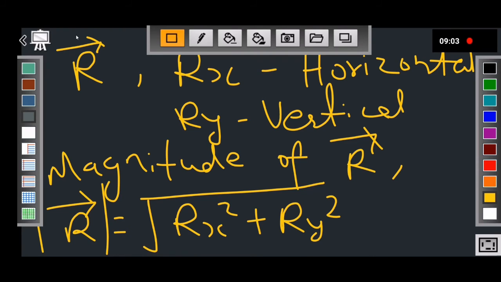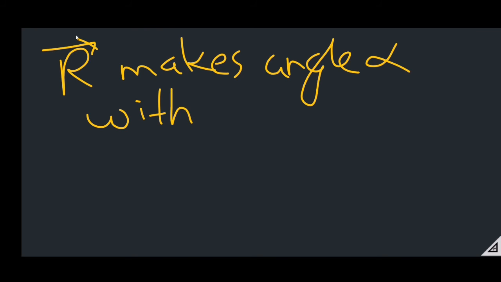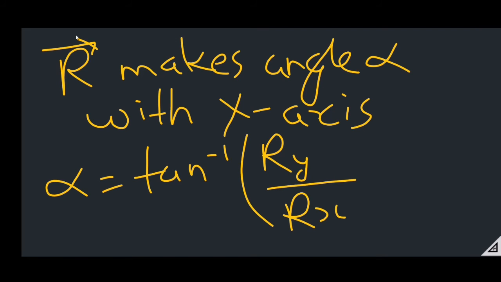Now let's see the direction. Suppose the r vector makes angle alpha with the x-axis, that means with the horizontal axis, then alpha equals tan inverse ry upon rx, that means vertical component upon horizontal component.